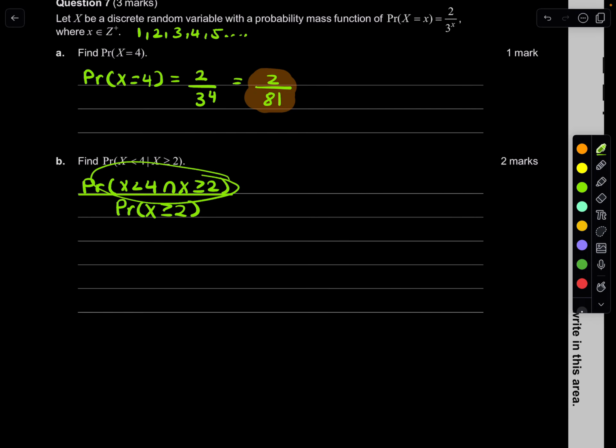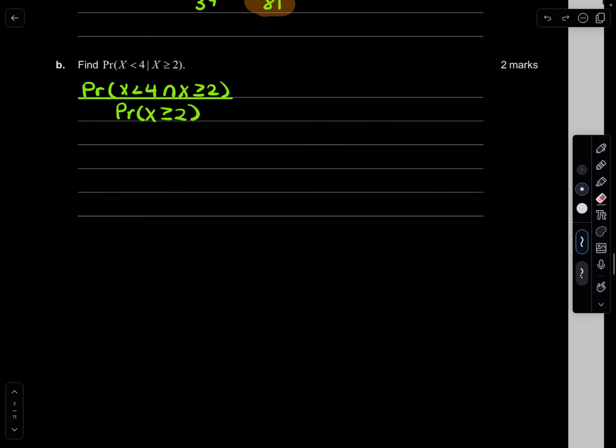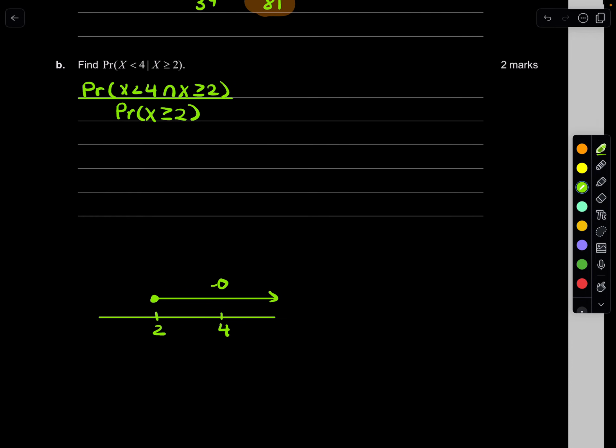Now, let's simplify this expression using a number line. So if I use a nice number line here, say this is 2 and this is 4. 2 is a closed circle and goes to the right forever. And 4 is an open circle that goes to the left forever. When do they intersect? You can see that they intersect here.